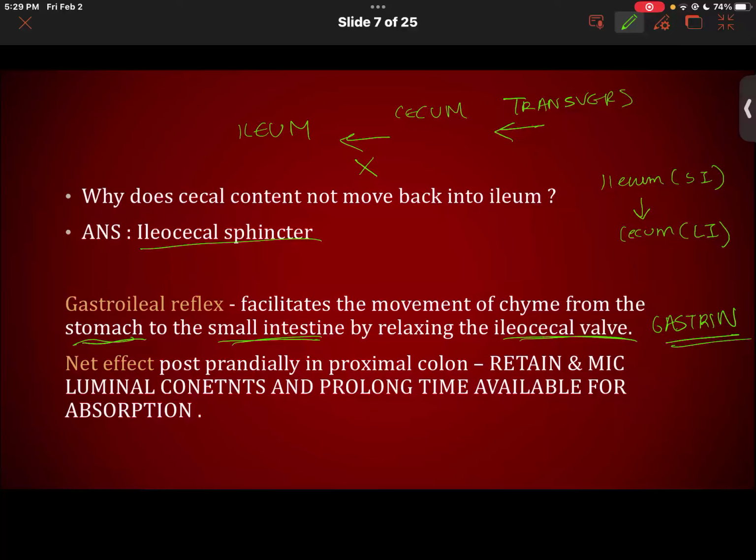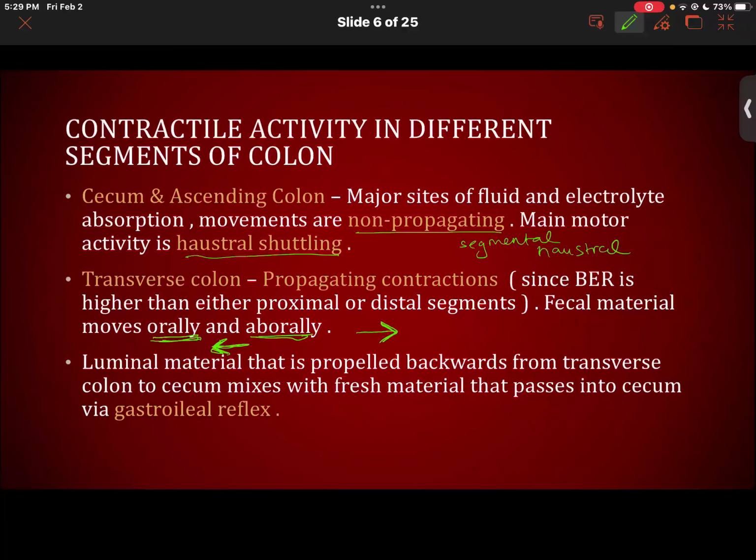This causes the small intestine to be emptied, and now further chyme from the stomach can move into the small intestine. So I hope you understand now how the gastroileal reflex plays into this whole thing. So the gastroileal reflex causes the fresh material to move into the cecum because gastrin relaxes the ileocecal valve.